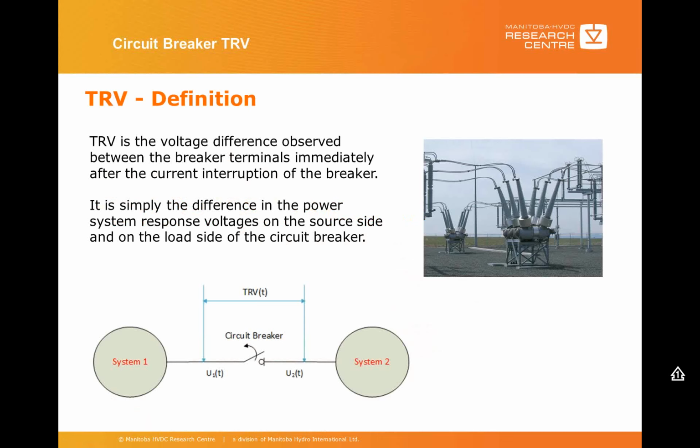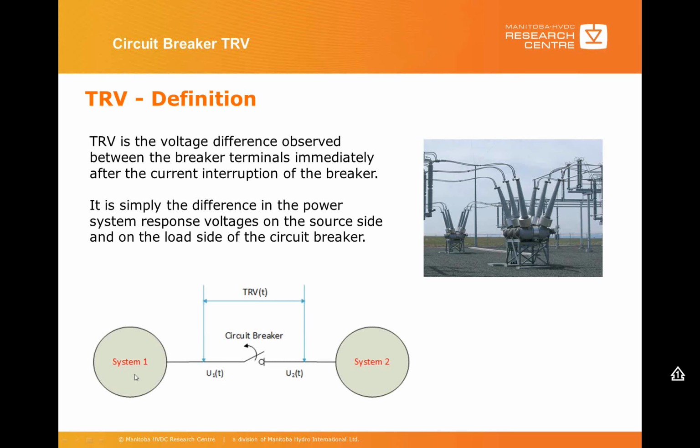What is TRV? Basically, TRV is the voltage difference observed between the breaker terminals immediately after the current interruption of the breaker. For example, if you have two electrical systems, system 1 and 2, connected with a circuit breaker, as soon as you open the breaker, the system topology has changed.